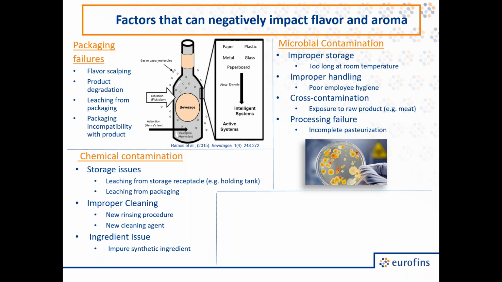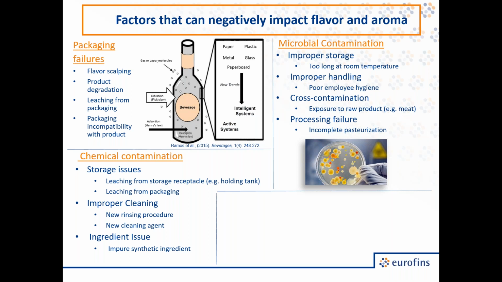And finally, another source of microbial contamination is a process failure. For example, incomplete pasteurization, leaving microorganisms alive in the product, which then grow over time, resulting in spoilage. And microbial contamination can lead to off odors and off flavors, such as fermented type flavors. Sharp or sour or acidic off flavors are fairly common with microbial contamination.